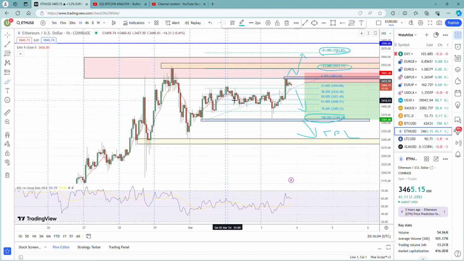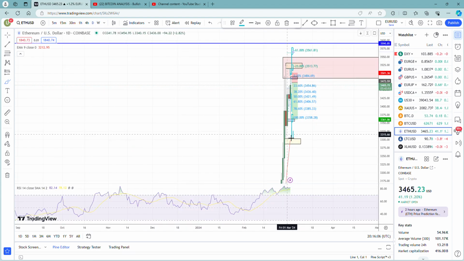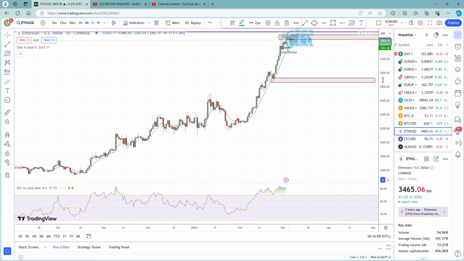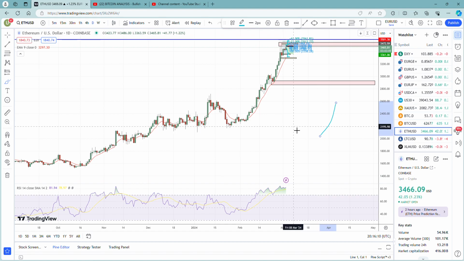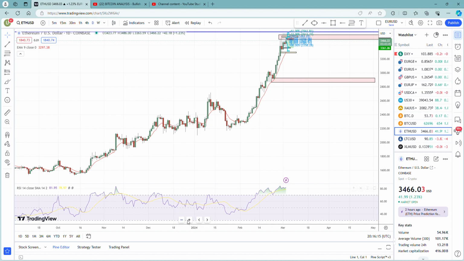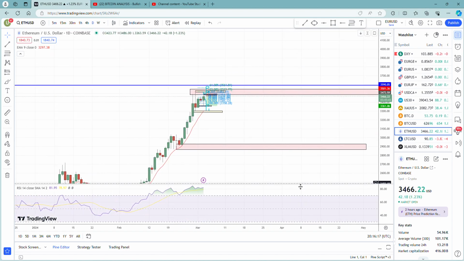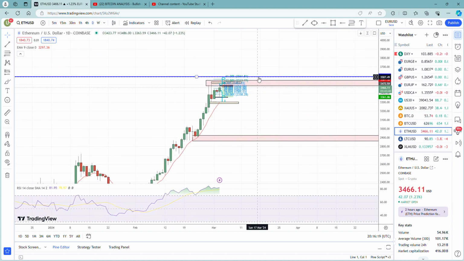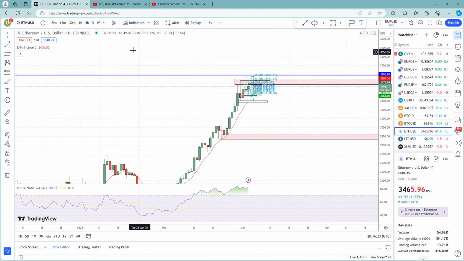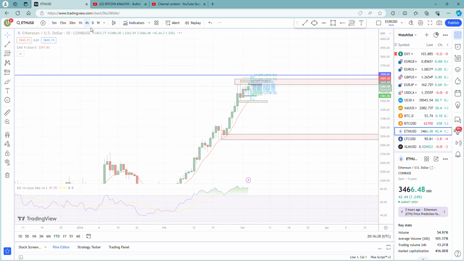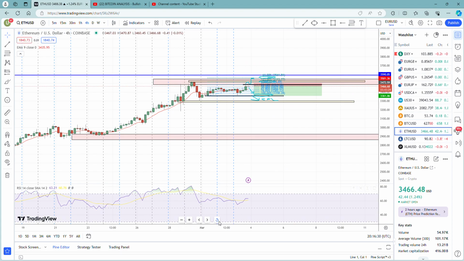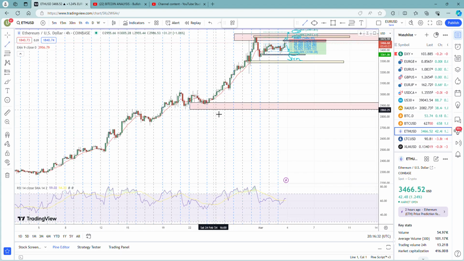In terms of long-term perspective, if we go on the daily, I expect Ethereum to hit this level here of 3,590. The way Bitcoin is bullish, I expect Ethereum to continue going up, and obviously you can use your trend lines as I've shown in previous videos.